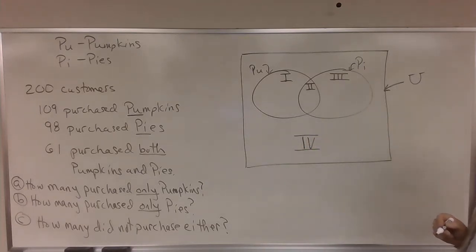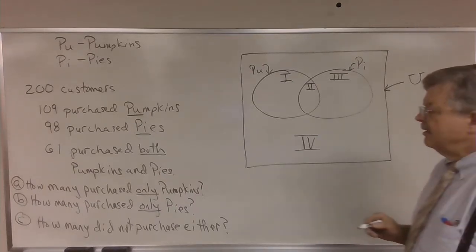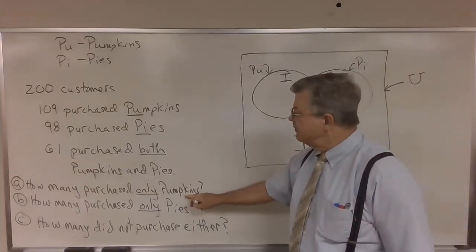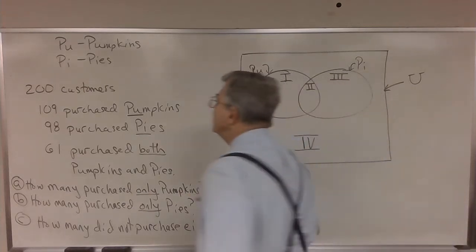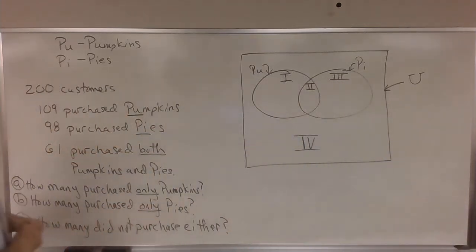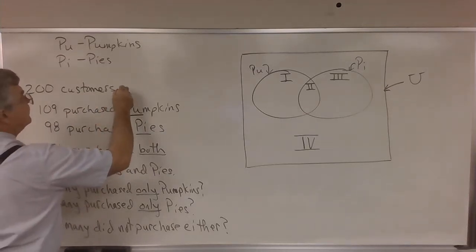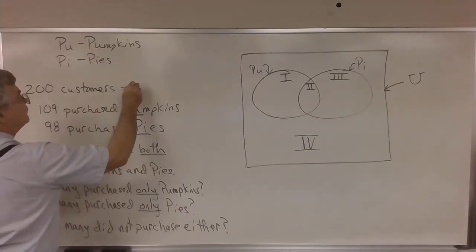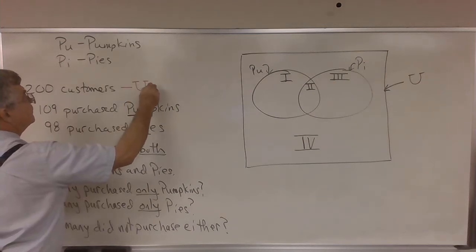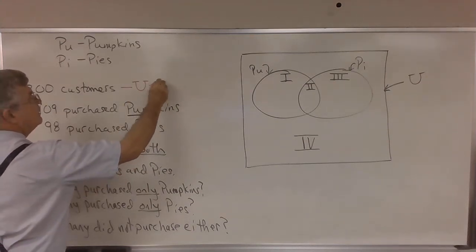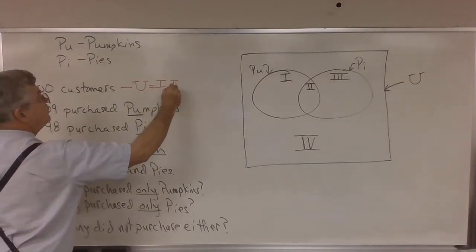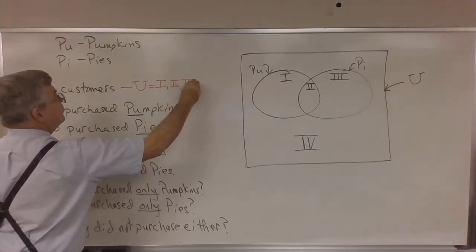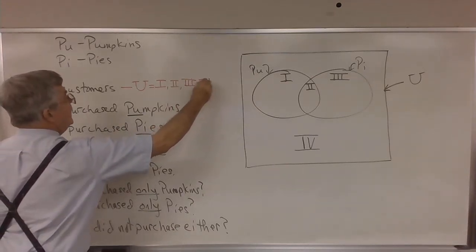Now, let's go back and label these. 200 customers, that's our universe. And that's going to be regions 1, 2, 3, and 4.